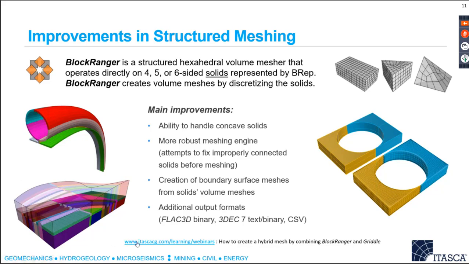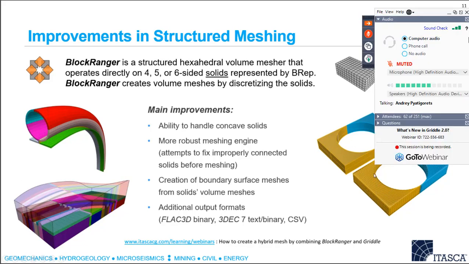I would recommend everybody to watch this webinar on how to create a hybrid mesh by combining Block Ranger and other Griddle tools. This webinar is based on using Griddle 1.0. With Griddle 2.0, these operations would be easier because we can directly create boundary meshes within Rhino. And I will have a demo example later about creating a hybrid mesh.